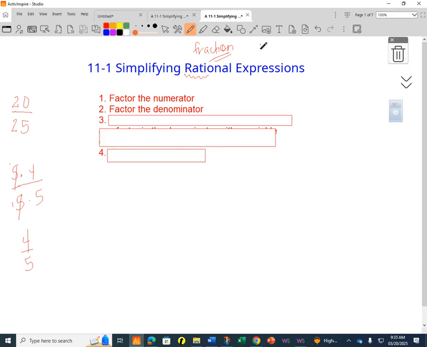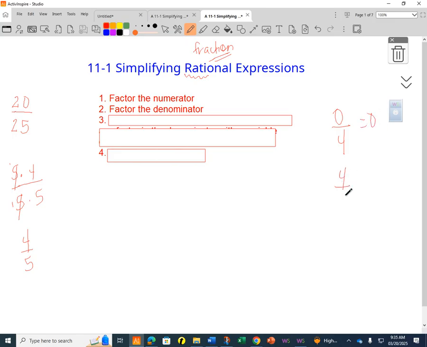For these expressions, we're going to have variables. Sometimes we're going to have variables in the numerator and the denominator. If we have variables in the numerator and the denominator, we're not going to cancel right away. What does this expression equal? 0 divided by 4. What's that equal? 0.